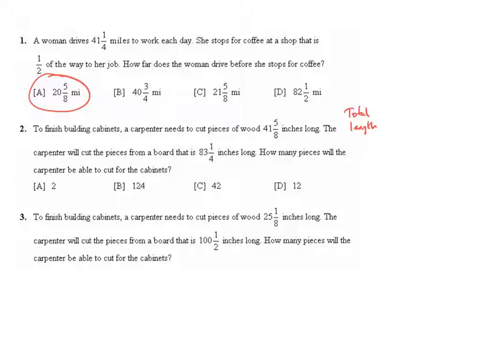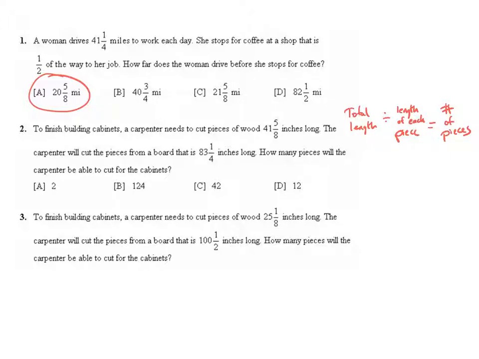And when I'm cutting pieces, I'm dividing it by the length of each piece. And that gives me the number of pieces that I can make. So if I take my total, the whole length of the board, I divide that into sections that are each a certain length long, that gives me how many pieces I can make.